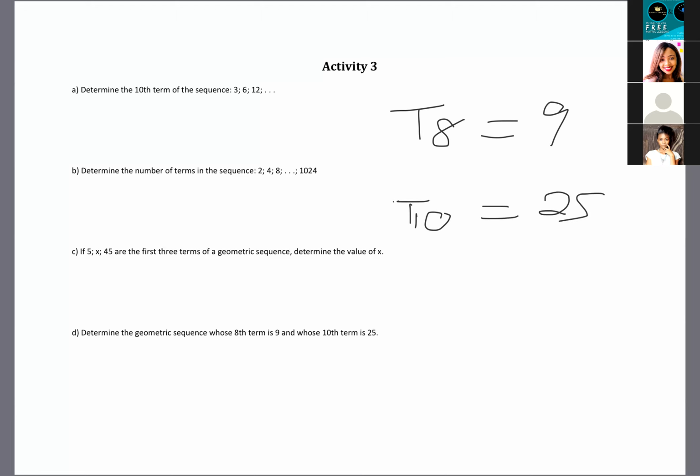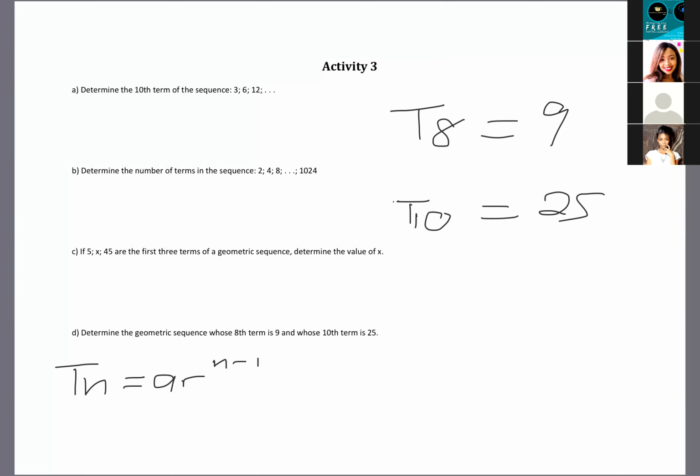And they want you to find what Tn is, which is ar to the power of n minus 1, right? Are you with me? Yes, ma'am.